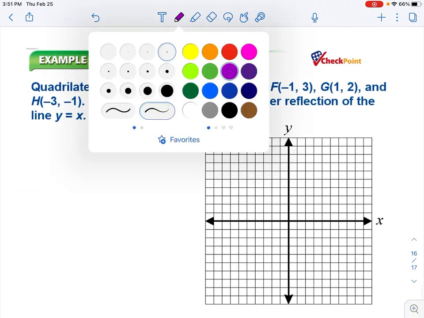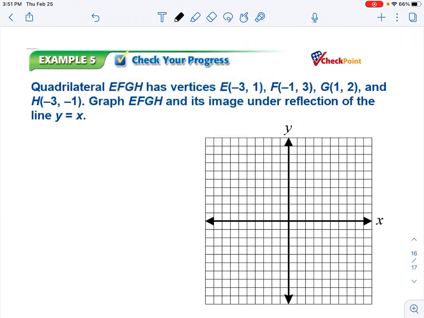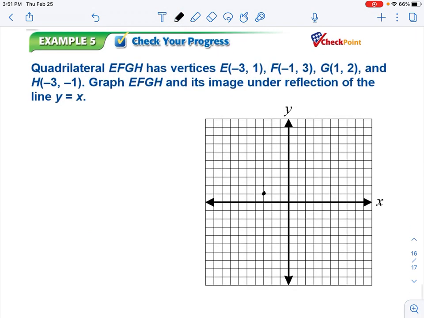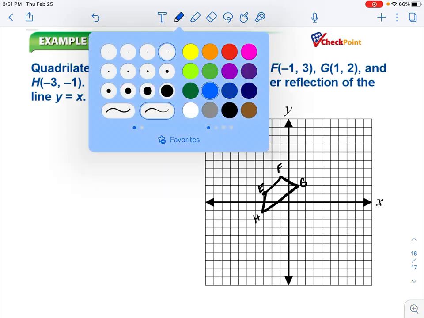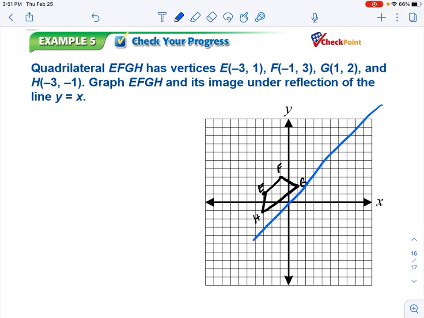I believe we have one more. We'll go ahead and graph these. So this is our pre-image, a trapezoid kind of, and we are going to reflect this across our line y equals x.